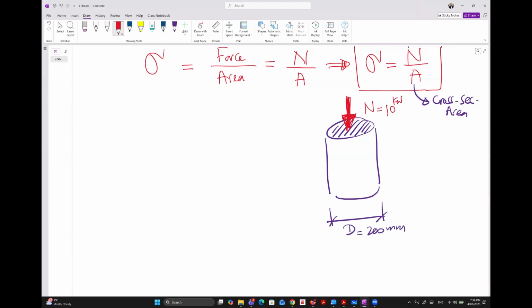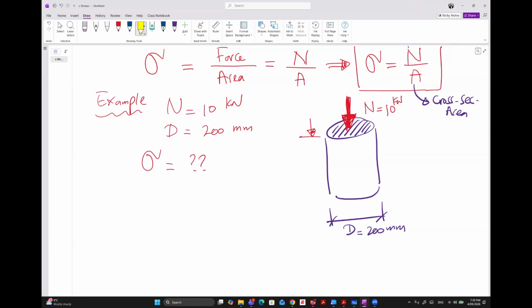Because it's perpendicular. Because this is the cross section and the force is perpendicular, so this is a normal force. So in this example, I give you the force as 10 kilonewton and the diameter is 200 millimeter. And the question is, can you find the normal stress?